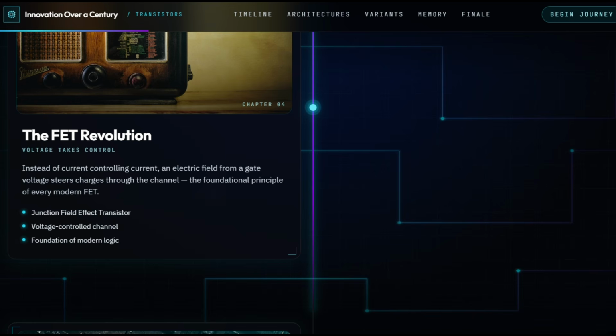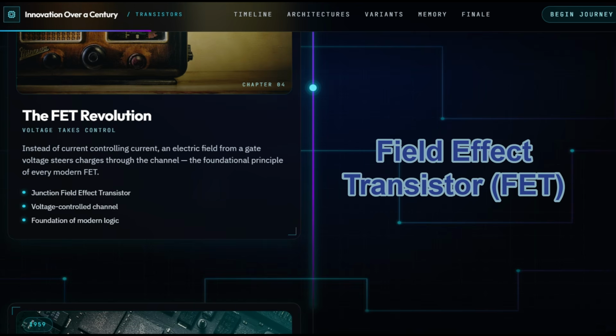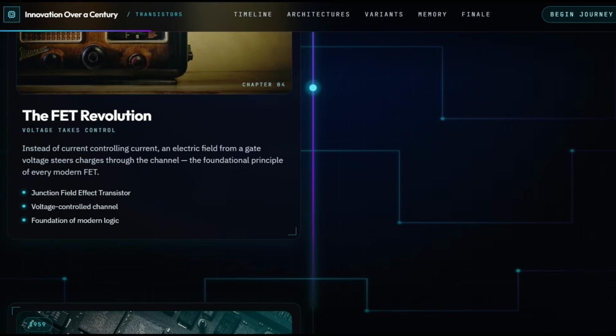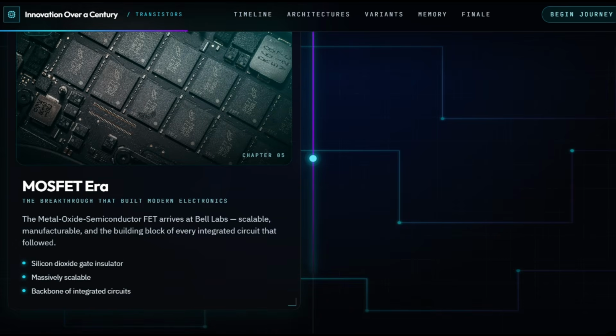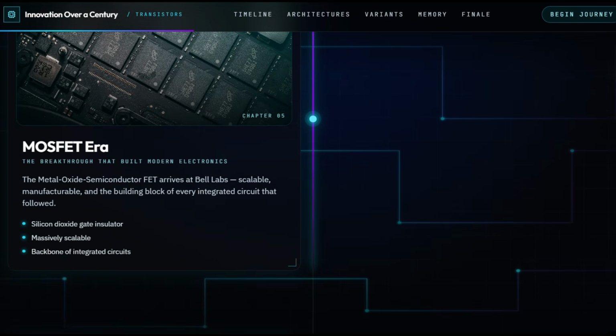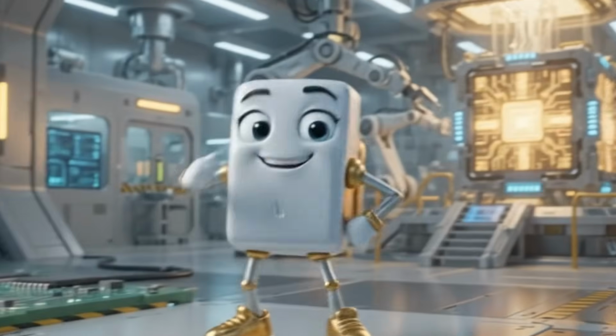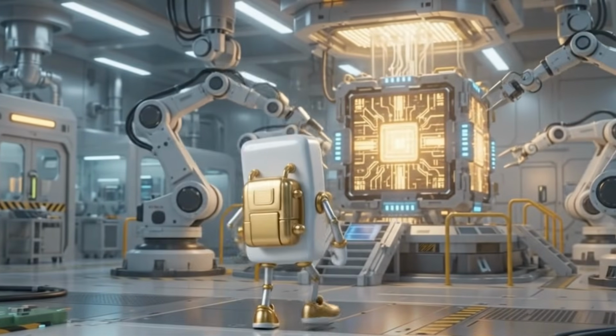This idea later evolved into what we now know as field effect transistors, or FETs. In 1953, the JFET, junction field effect transistor, appeared based on this principle. Then came one of the biggest revolutions in semiconductor history. In 1959, Bell Labs introduced the MOSFET, metal oxide semiconductor field effect transistor.